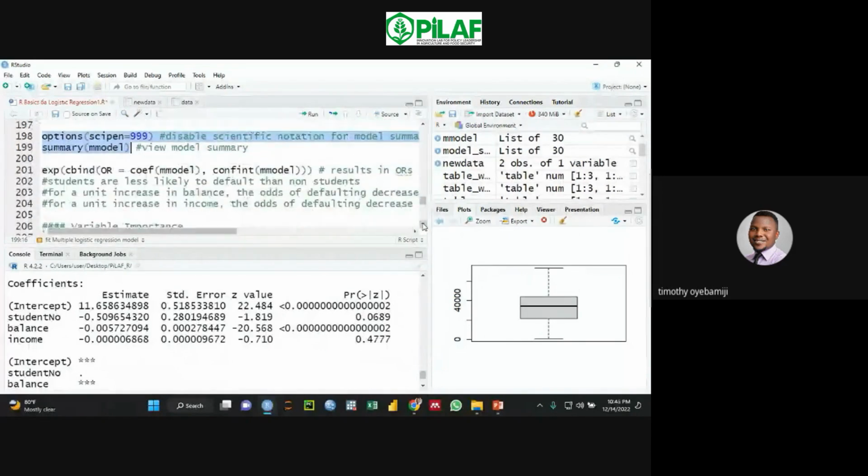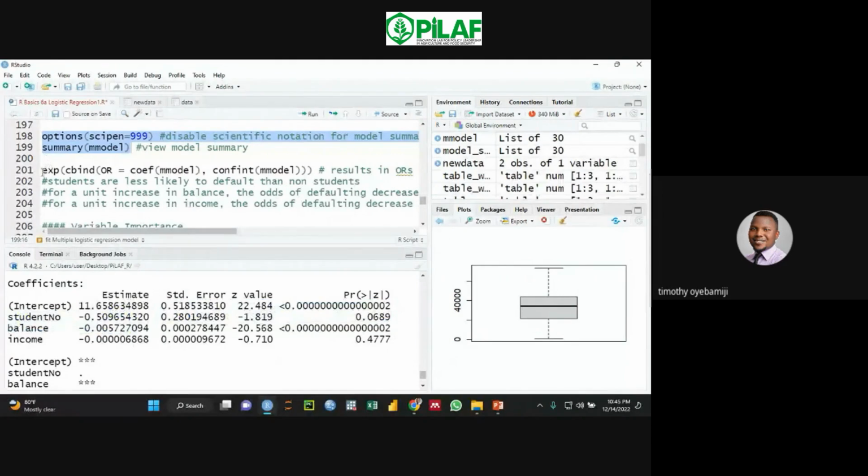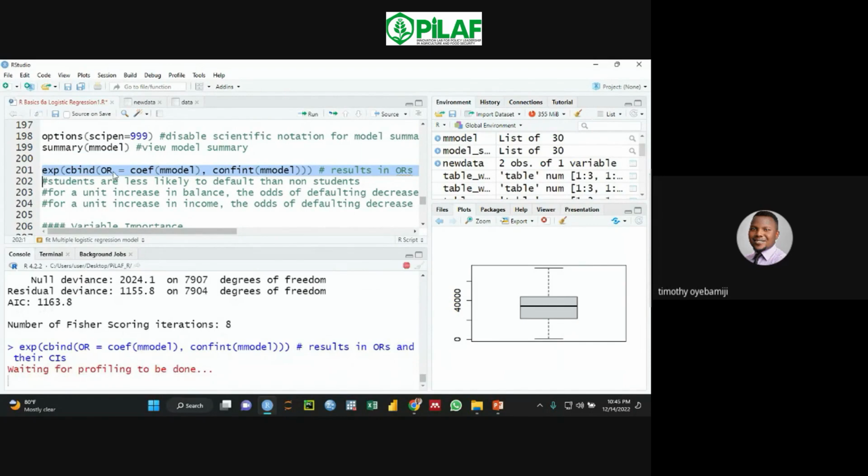Now we can get their odds ratio, because this, like we have said earlier, is the log of the odds ratio. That's the estimate here. So we can get their odds ratio by taking the exponent of the coefficients, for all the coefficients in the model. And this will do that for us. That's the exponent, cbind, that means OR, odds ratio, is equal to the coefficients of the model.